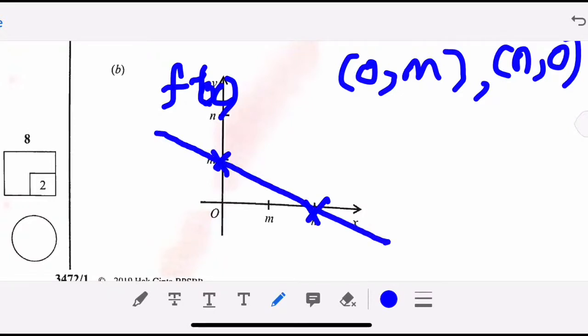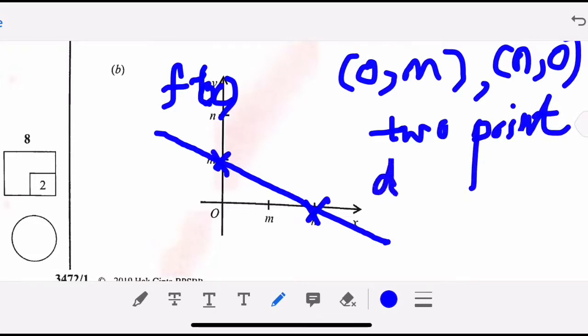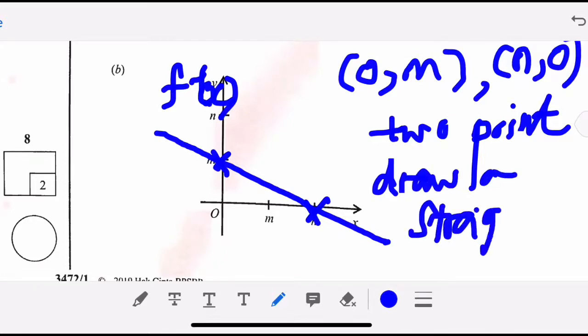You just use a straight line and connect the 2 points. You can use a ruler. Make sure it's a straight line. The 2 points will do because we can draw a straight line using 2 points. So this is actually the inverse function. It's a straight line, which is the inverse of the function just now.